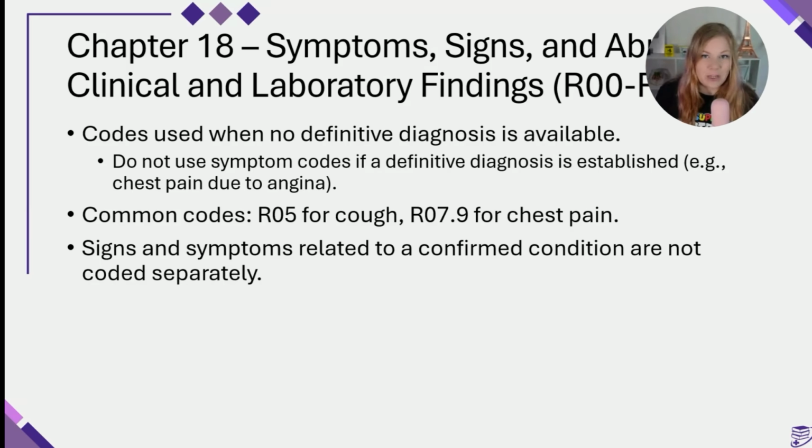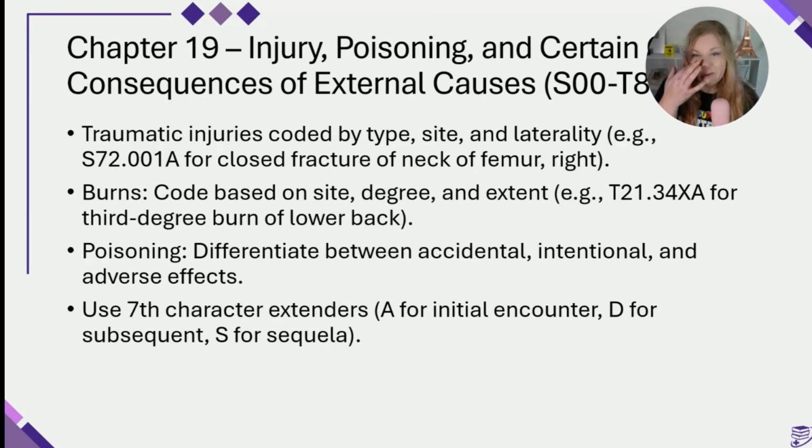If a patient comes in, for example, with a cough and we wind up determining that they have an upper respiratory infection, we're just coding for the upper respiratory infection. We're not including the cough because that's integral to having upper respiratory infection. Chapter 19 focuses on injuries, poisonings, and complications of care.